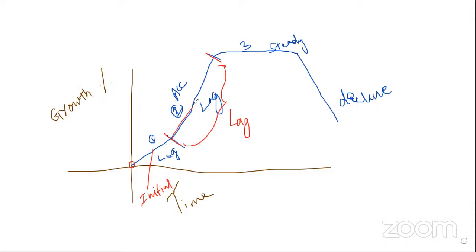But in this part there is a very huge number of microorganisms or population increases, depending upon their environmental conditions and sources. So again, what happened? There is a standard growth, this is called the steady state. There is no growth or any population produced in this stage.